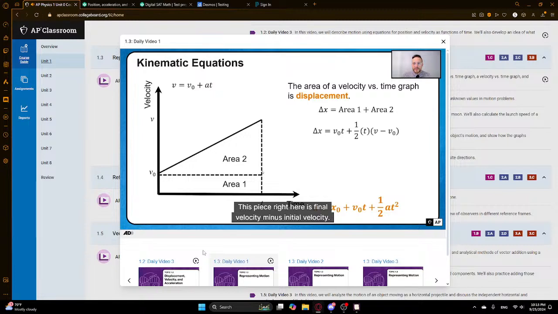Let me, oh, you know what? Maybe if I write this down, this might help. So we got a little graph right here. To calculate displacement in a graph, I'm going to draw the graph right now.